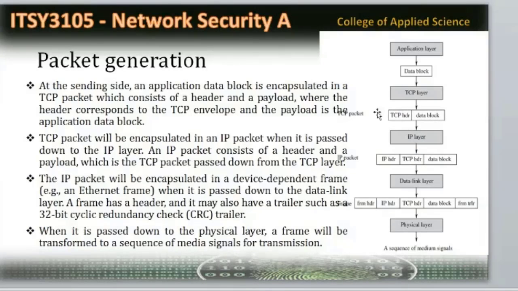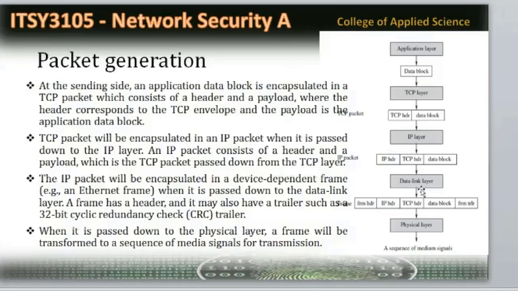Now I'm giving it to the next layer. In the next layer, you can see the data block is there and the TCP header is available. With this, I'm going to add an IP header. After including the IP header, this is the IP packet. Then I'm giving it to the next layer.